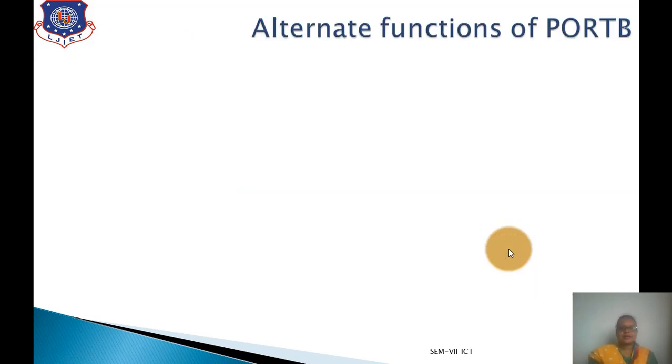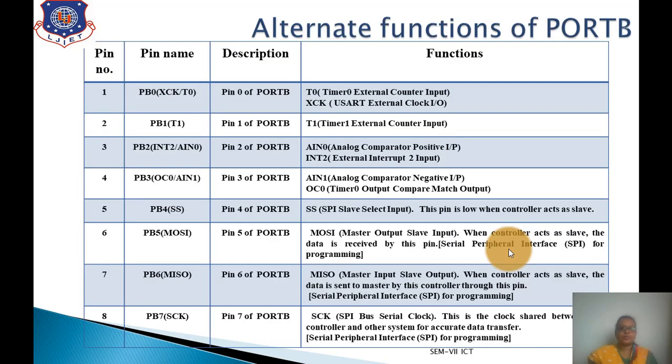Now next, the alternative functions of port B. As you can see here, port B has pin numbers from 1 to 8, from PB0 to PB7. PB0 stands for XCK/T0. T0 stands for timer 0 external counter input. So there is timer 0 at PB0, and second, XCK.